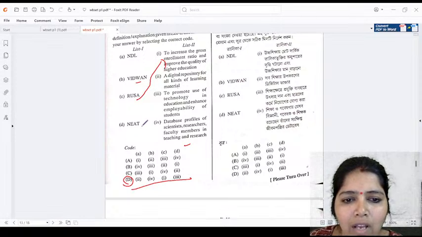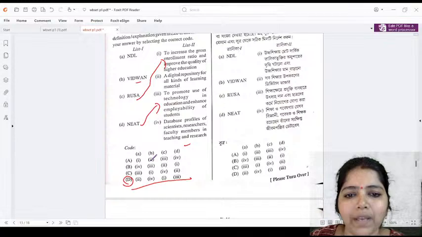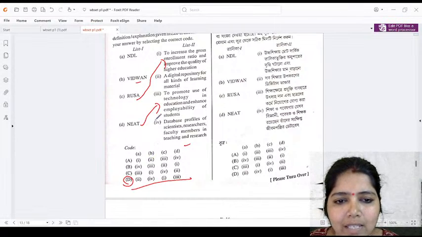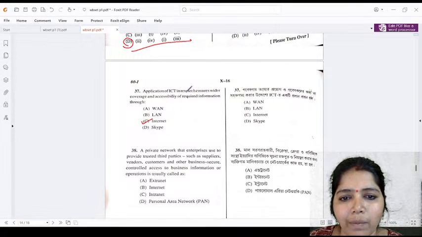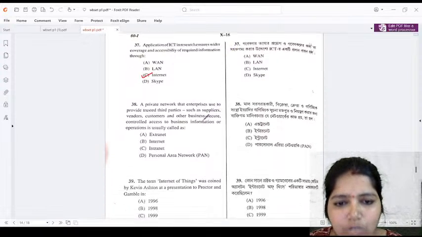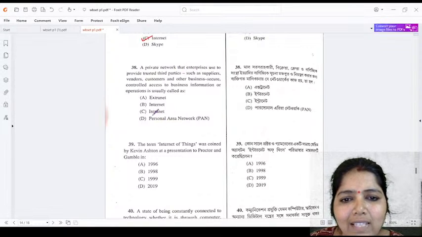And NEAT is technology-based. And then this is internet, right? Application of ICT ensures wider coverage and accessibility of required information through the internet. And the private networks that enterprises use, with trusted third parties such as suppliers, I think it's intranet, right?